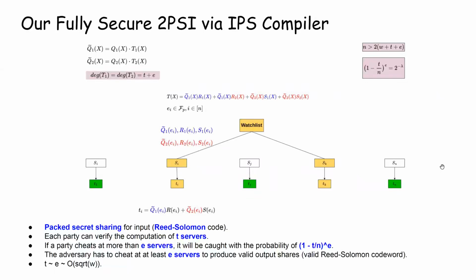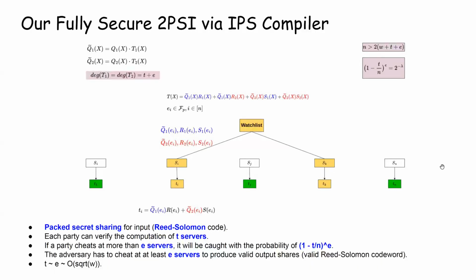The first step is to pack Q1 and Q2 with random polynomials R1 and R2. Each has degree T plus E, where T and E are the cut-and-choose parameters such that (1 minus T over N) to the power E equals 2 to the minus lambda, where lambda is a security parameter. Next, the parties will secret share Q1 tilde, Q2 tilde, R1, R2, S1, S2 to the imaginary servers, and each selects T random servers to watch.